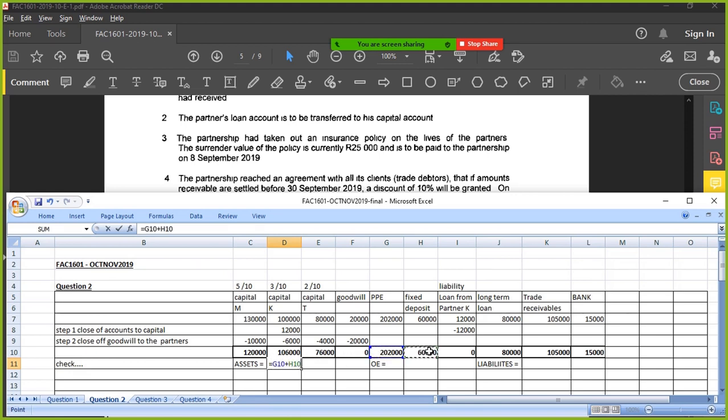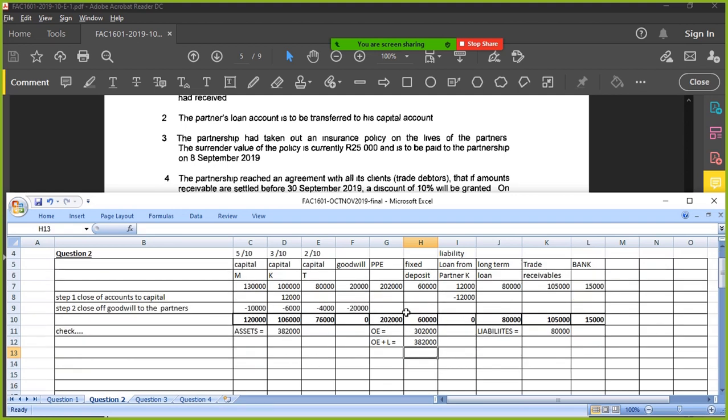PPE plus fixed deposits plus trade receivables and bank. Owner's equity, what do I have? Capital, capital, capital, that's it. Liabilities, what do I have? Long-term loan, that's it. If I've done it correctly, your owner's equity plus your liability should equal your assets. It does. Perfect. So now I know I'm on the right track.